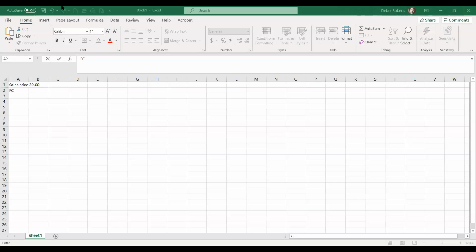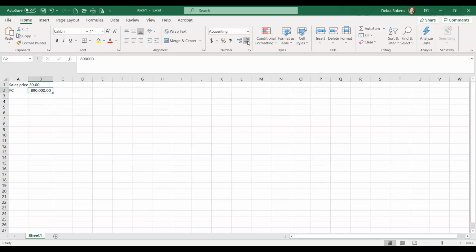So here we are. We have a sales price of $30 per unit. Then we have our fixed costs. I'm going to change this. Fixed cost is 890,000. I'm putting that here. Very good. And SP is $30 per unit.